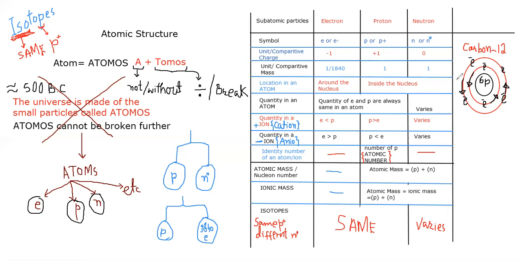Okay. Now the most important thing when we talk about the carbon 12, it also keeps the 6 neutron. So this 12 is basically the atomic mass or nucleon number.